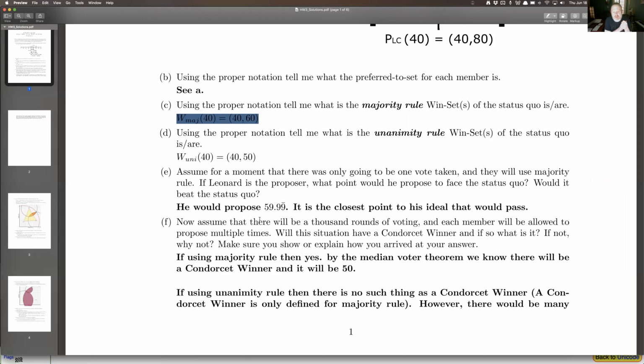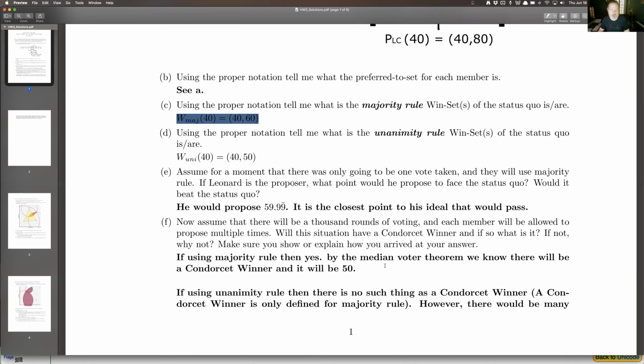Therefore, the median voter theorem tells us that the ideal point of the median voter cannot be defeated in pairwise majority rule. It is a Condorcet winner. So all you have to do is say yes. If using majority rule, then yes, by the median voter theorem, we know there will be a Condorcet winner.